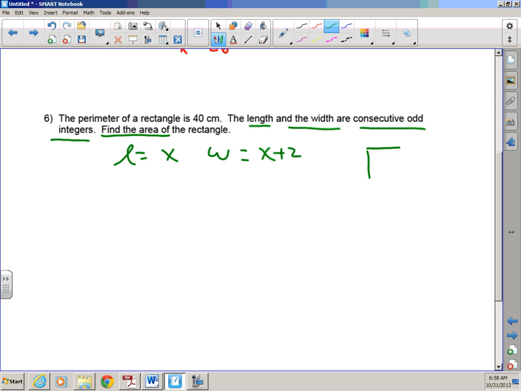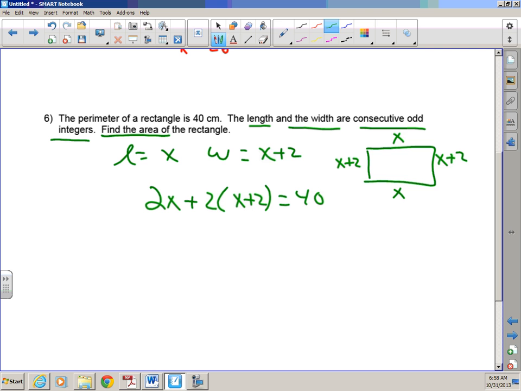Now, if it helps you to draw a picture, draw a picture. If the length is x, the width is x plus 2. So, what's the perimeter? Add up all the sides, or 2 times the length plus 2 times the width equals 40.